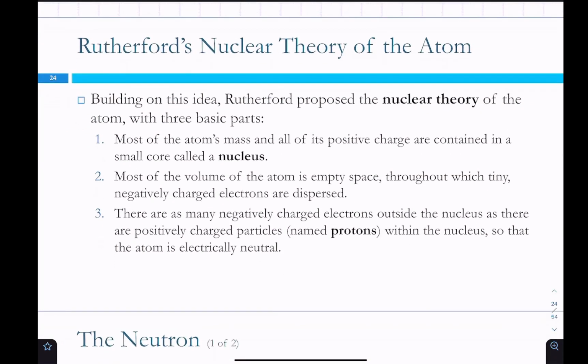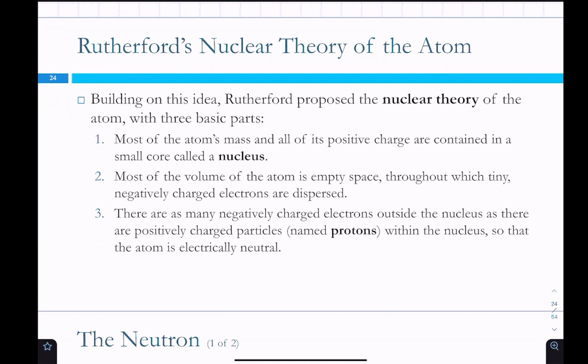So Rutherford then proposed the nuclear theory of the atom with three basic parts. One, most of the atom's mass and all of its positive charge are contained at the very center of the atom in a core called a nucleus. Two, most of the volume of the atom is empty space, throughout which tiny negatively charged electrons are dispersed.